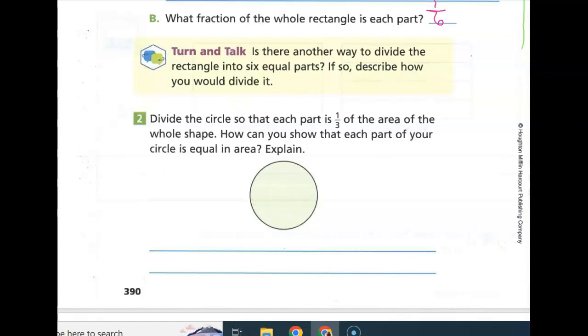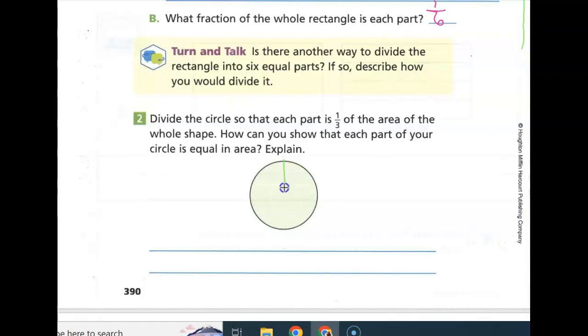An upside down Y or a right side up Y? It's kind of hard, right? Okay, I just need you to do that the best you can. It may not be perfect as if we were measuring it.